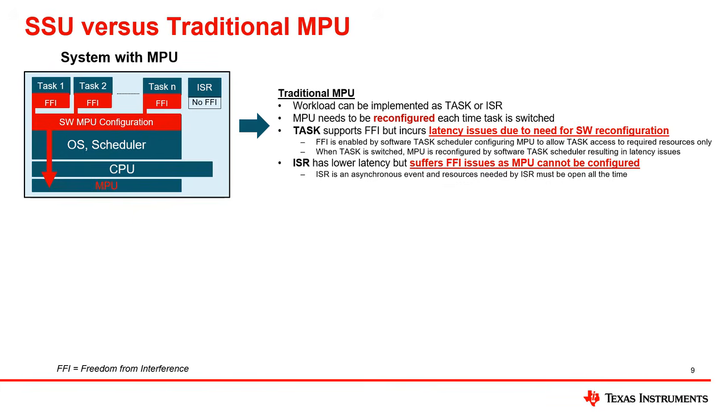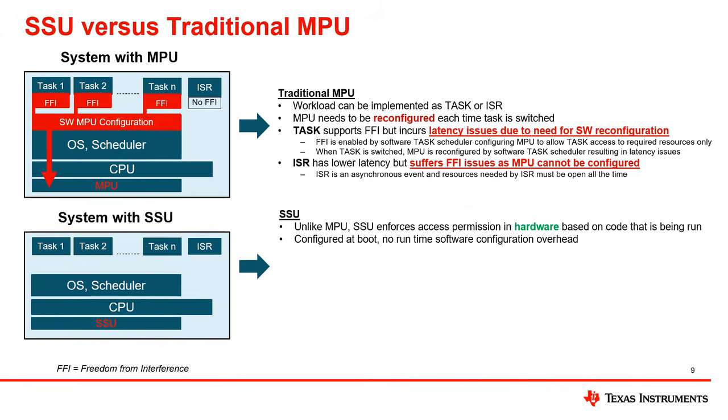In traditional MPUs, ISRs run in a privileged mode, meaning they have full access to the memory and peripherals, no matter how the MPU is configured. This is potentially a security risk if it's not handled correctly. Unlike an MPU, SSU enforces access permissions in hardware based on the code that is being run. There is no runtime software reconfiguration overhead.